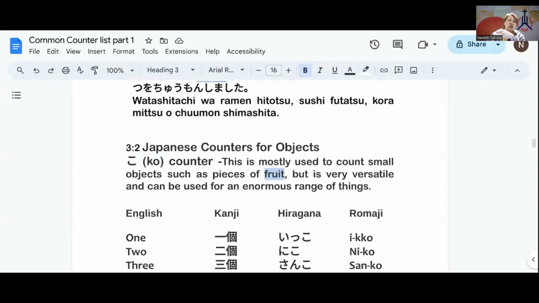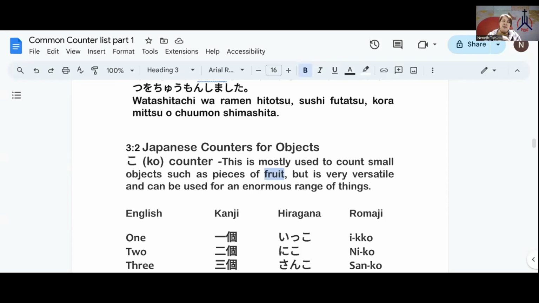Strawberries. Although in Japan, they don't sell strawberries by the piece, but by pack. One pack of strawberries or one pack of eggs, one bundle of oranges, because it goes in a plastic.